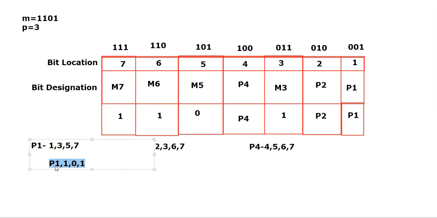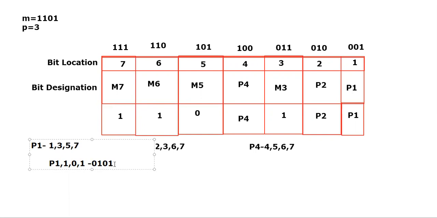If you look at this, we have only one 1, so I can replace P1 with 0, in such a way that you get the value as 0, 1, 0, 1.